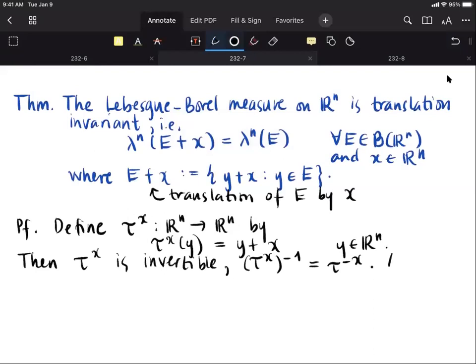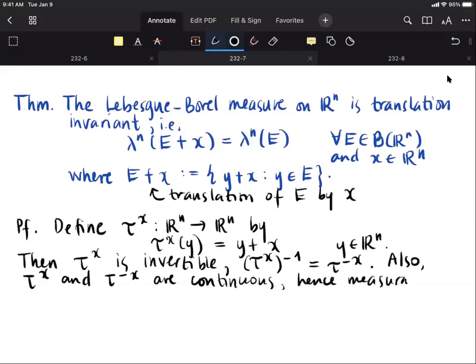And if x is negative, the directions will be reversed. Okay, so also tau x and its inverse tau negative x are continuous. Hence, they are measurable with respect to the Borel sigma algebras, of course.